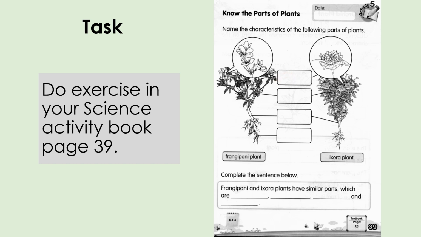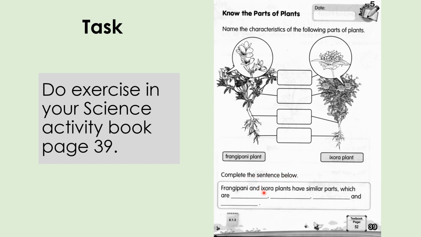Look at the leaf. What type of leaf? And look at the stem. What type of stem? And look at the root. What type of root? They have taproot. So you write here taproot. And then complete the sentence below.